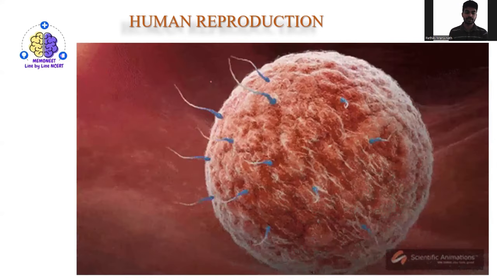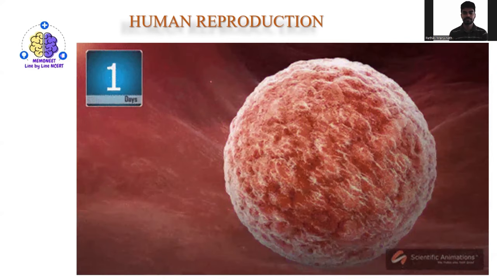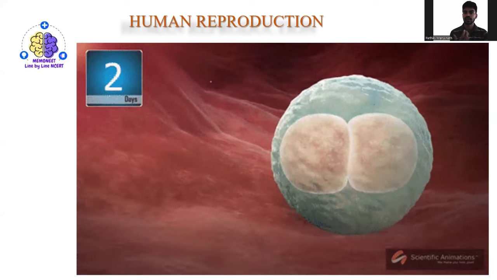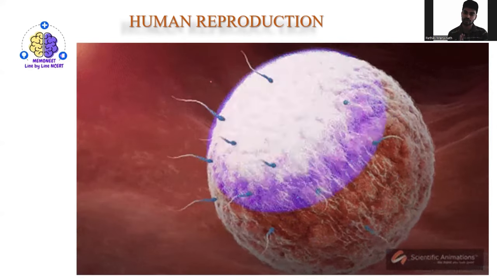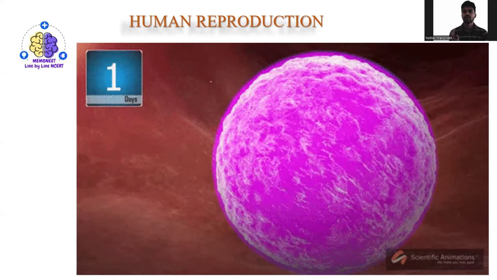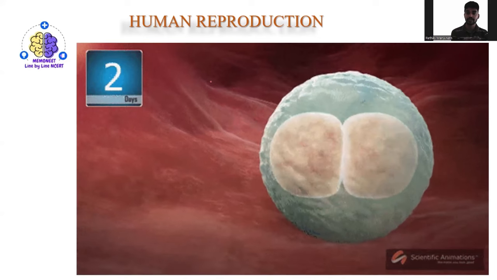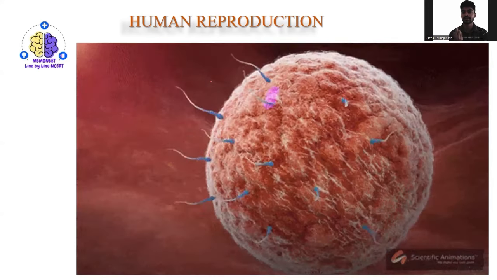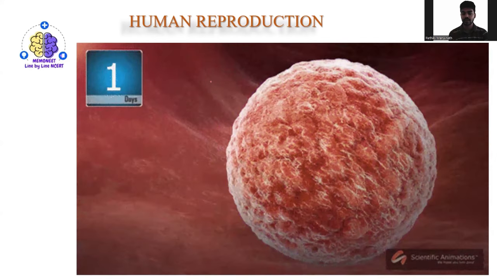What do you mean by human reproduction? Basically, we are very aware that in human beings it goes with sexual reproduction, right? So we don't lay eggs, basically. That means we go through the sexual mode of reproduction. And you know there are two modes of reproduction that I have already explained and defined in the previous animal kingdom lecture. One is oviparous and the other one is viviparous.